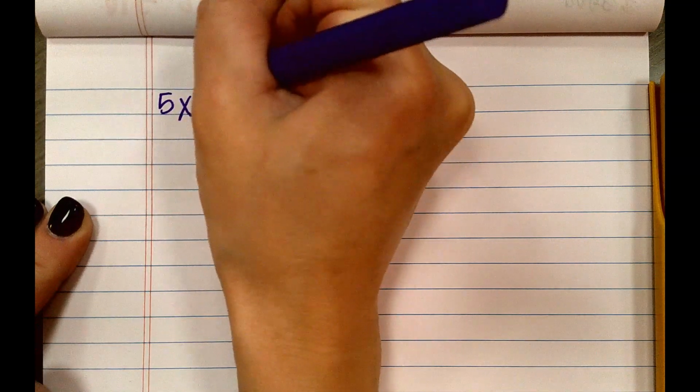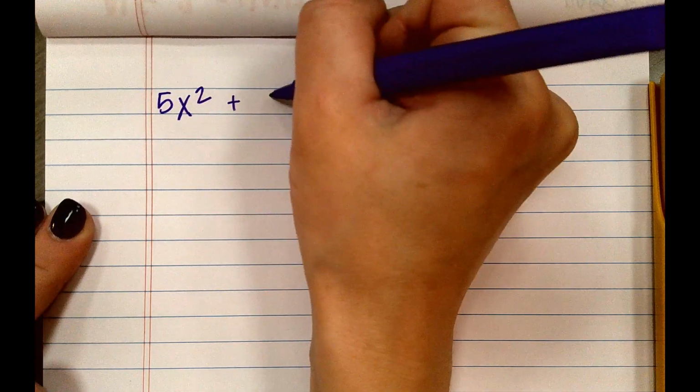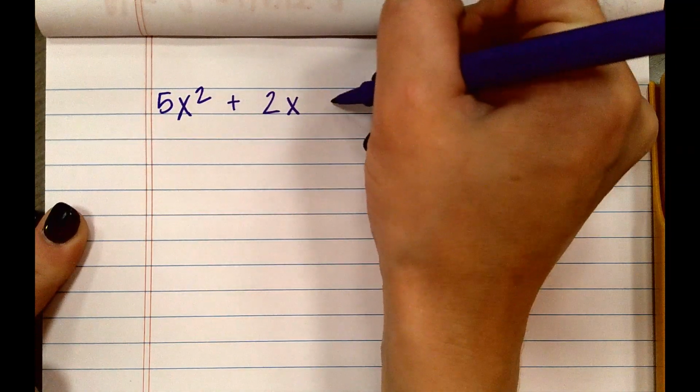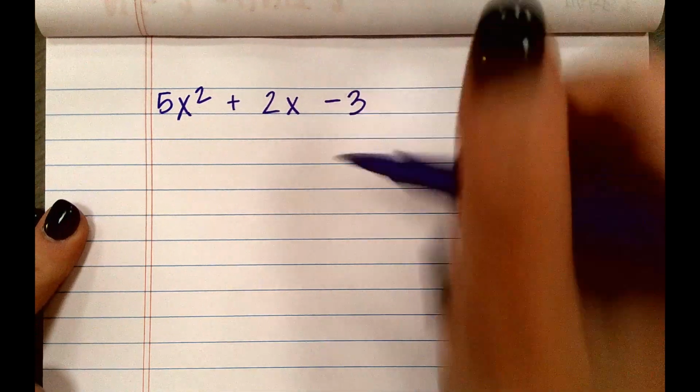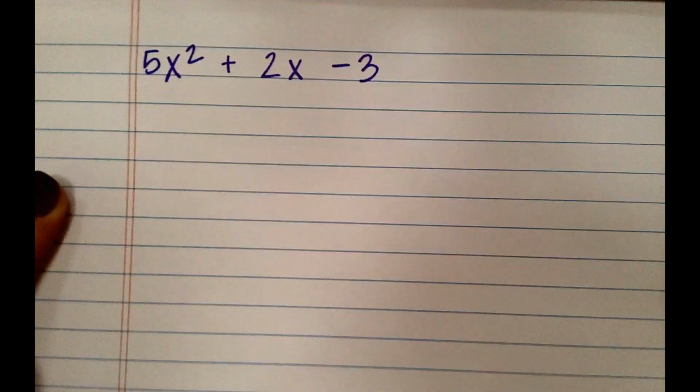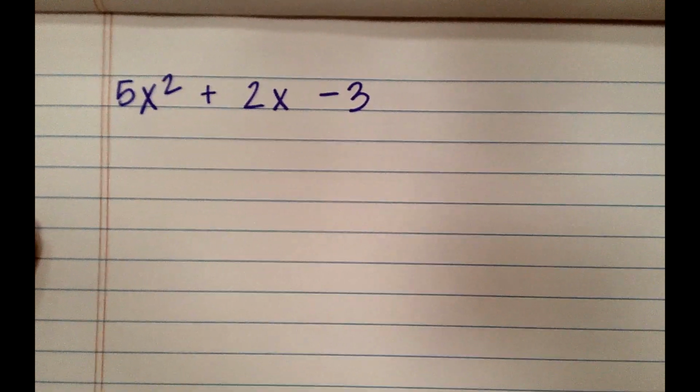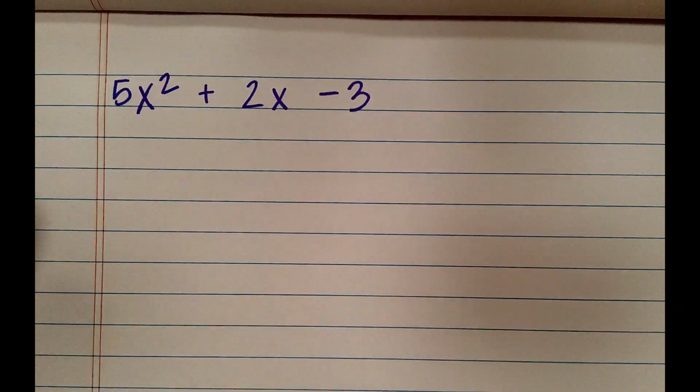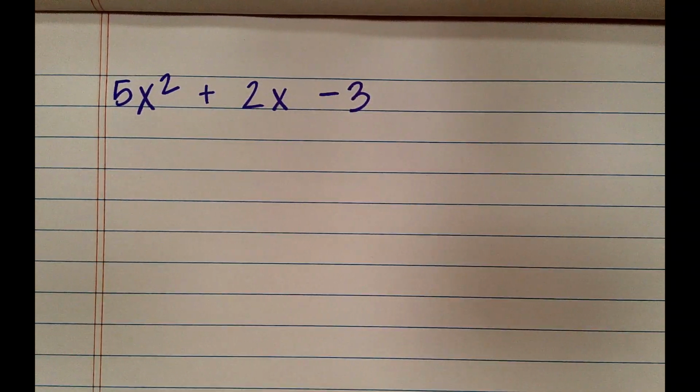All right, so practice problem. Let's do 5x squared plus 2x minus 3. Okay. Now, what is step 1?